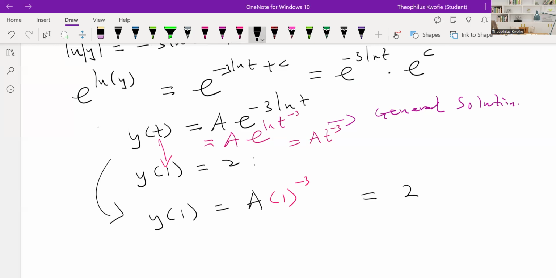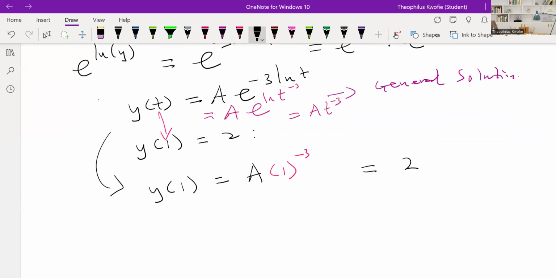So on that note, a is equal to 2. Does that make sense? It means our a will be 2.